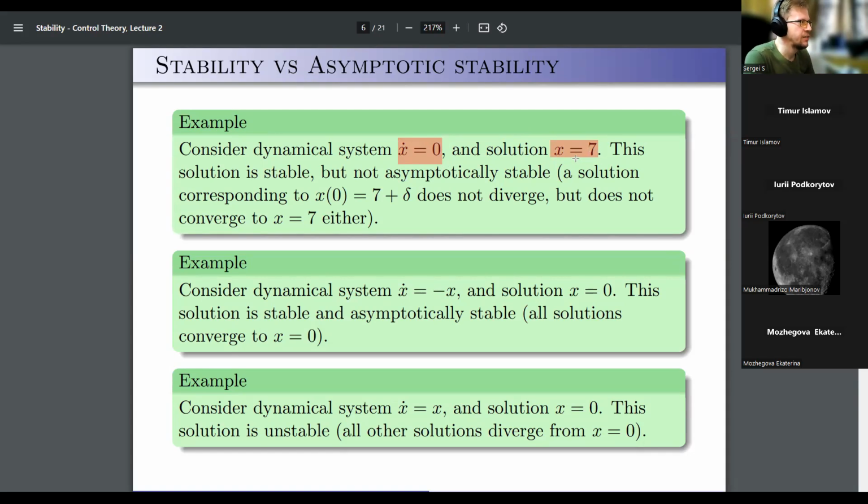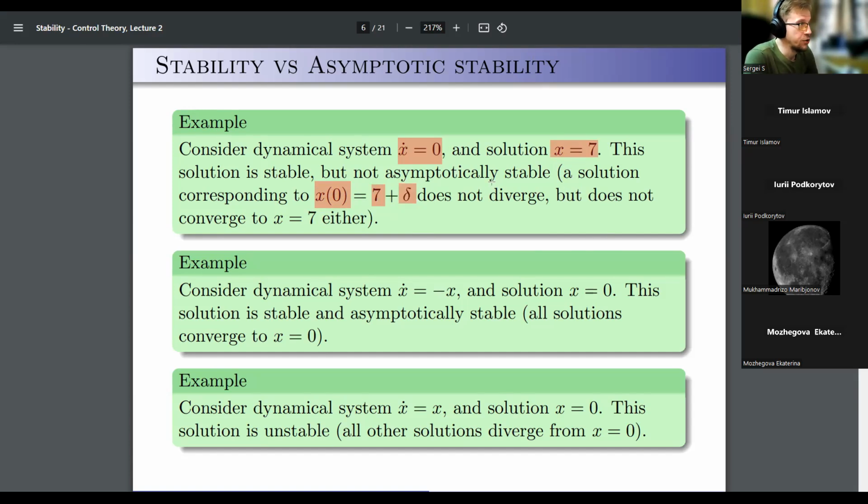And the solution is stable. It doesn't diverge. It doesn't do anything, just constant. But it's not asymptotically stable. Why do I say that this is not asymptotically stable? Well, we can consider a different solution in the delta ball around this one. For example, here's a solution where x of 0 is equal to 7 plus delta.